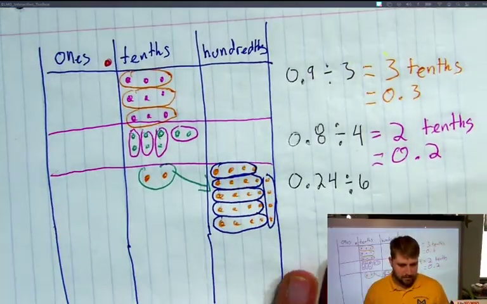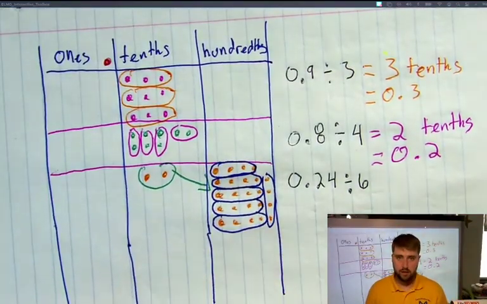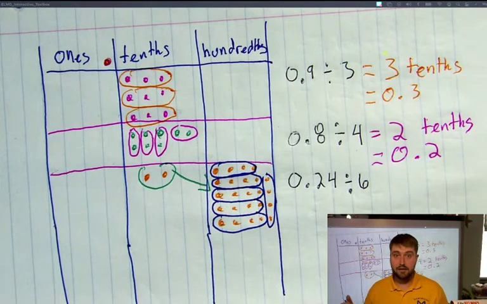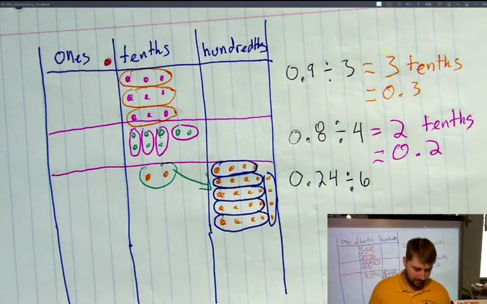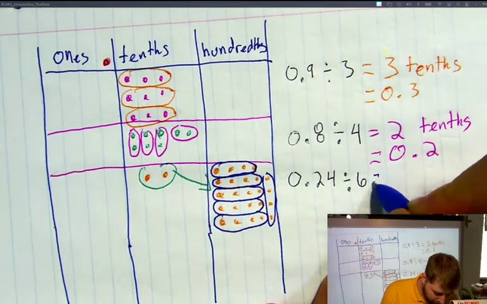All right, so each group, we split our 24 dots into 6 groups. Each group has 4 dots in it. So our answer is going to equal 4.